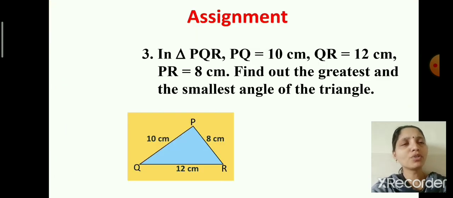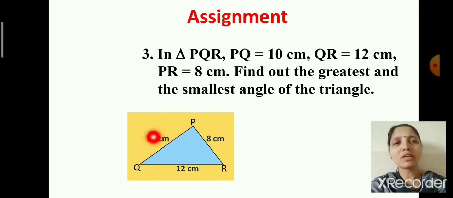Now let's move on to the last part of this session, that is the assignment. In triangle PQR, PQ is equal to 10 cm, QR is equal to 12 cm, PR is equal to 8 cm. Find out the greatest and the smallest angle of the triangle. So here triangle PQR is given to you.